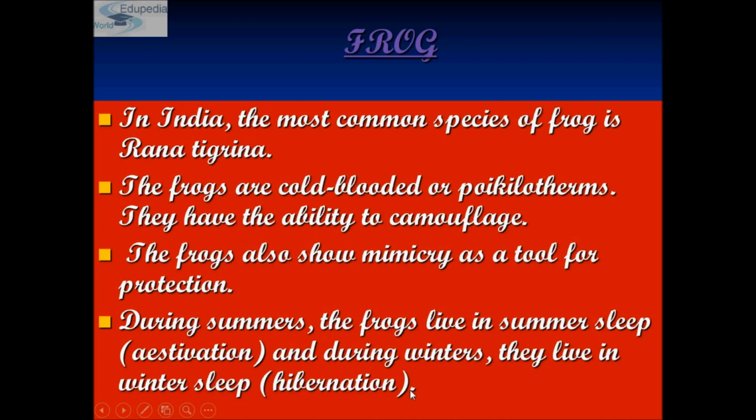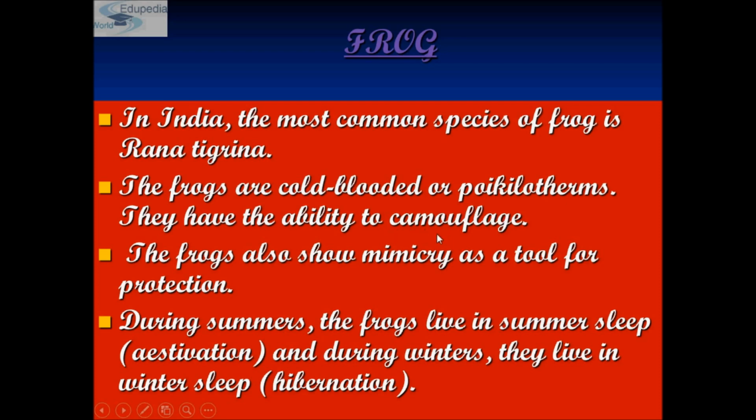Okay, so these were the points for frog: they do not have constant body temperature, which means their body temperature varies with the temperature of the environment. Second, such animals are cold-blooded, also known as Poikilotherms. You might have also noticed the change in the color of the frog while they are in grasses or on dry land. They have the ability to change the color to hide from their enemies.